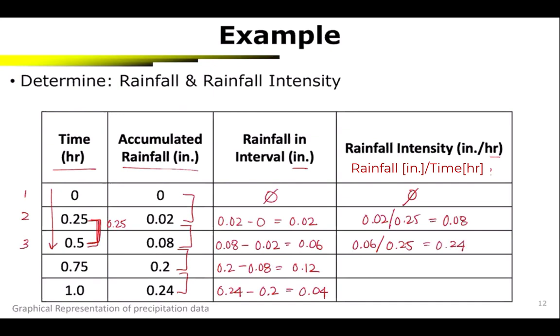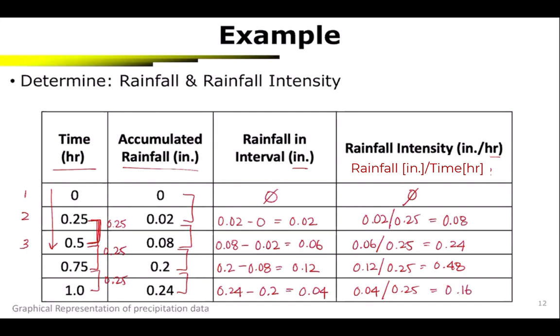Same thing with the next time step, 0.12 divided by the difference in the time frame, again 0.25, and that's going to give us 0.48, and we do this again, 0.04 divided by the difference in time frame, 0.25, and that is going to get us 0.16.